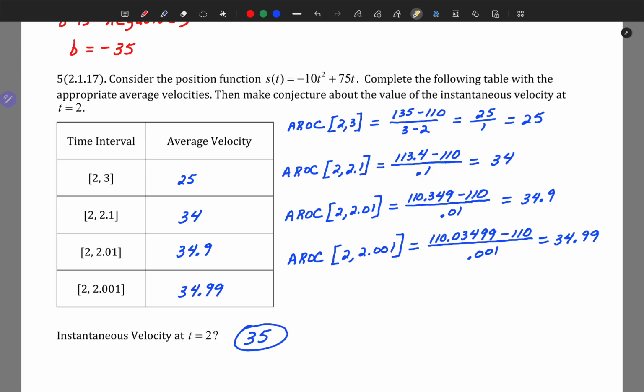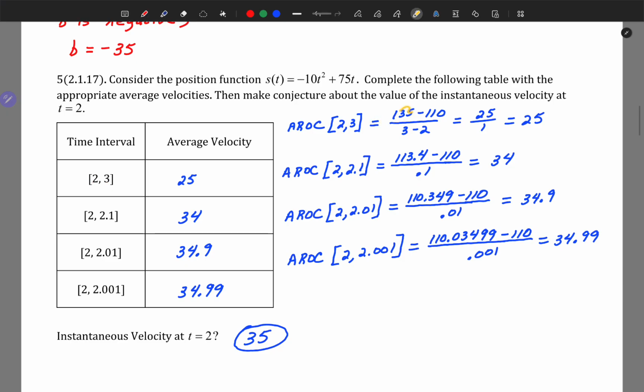Sure enough, that's what happened in this one. So in all of these problems, all you're doing is finding the average rate of change from the first time given to the second time given. So you'll see what I did here is I just said, well, this is going to be the position function measured at 3. So this is s of 3 minus s of 2.